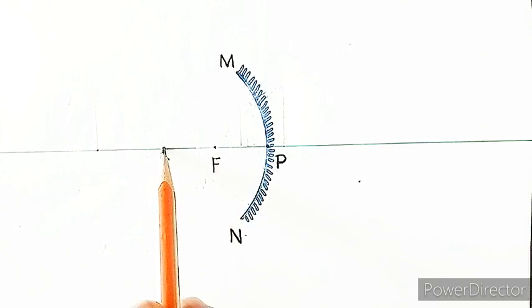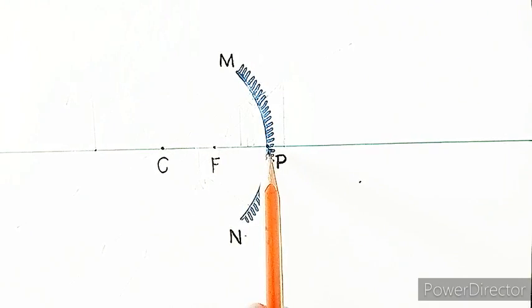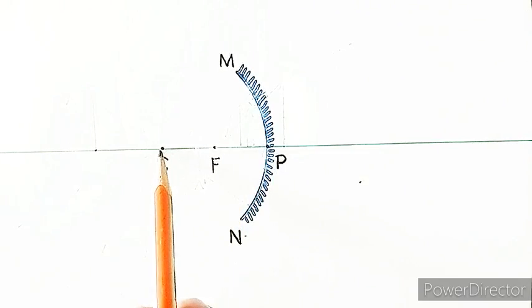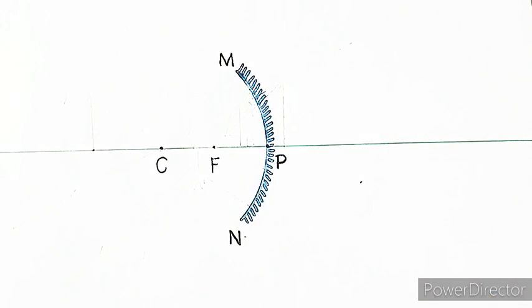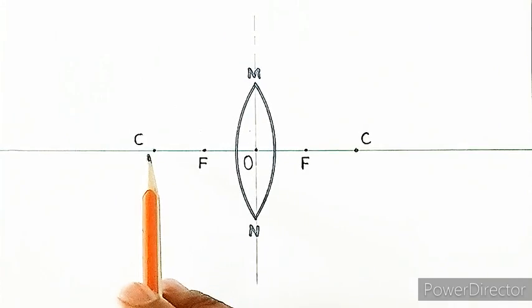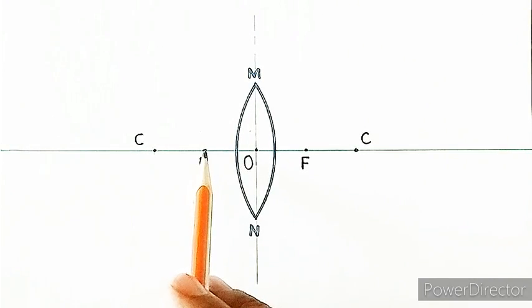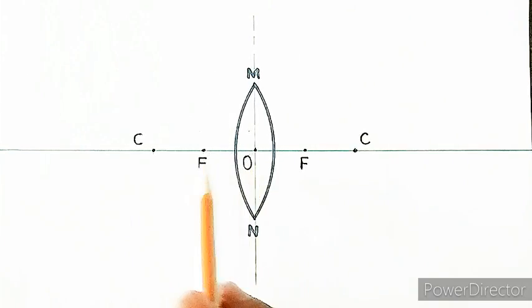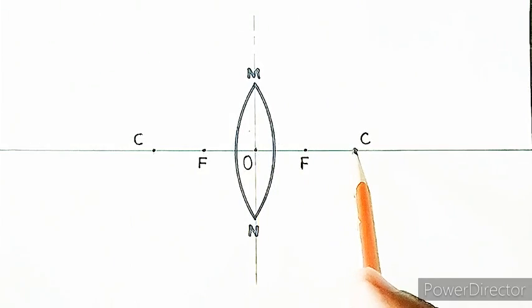So we started from here, 2 cm, C to F 2 cm, F to P 2 cm, and keeping the compass at C and CP as the radius, we draw this arc, and this is M and N. Okay, so you have C, F and P. But for the lenses, if you start from here at C, from C 2 cm at F, and from F the center O, then another F this side, and C.